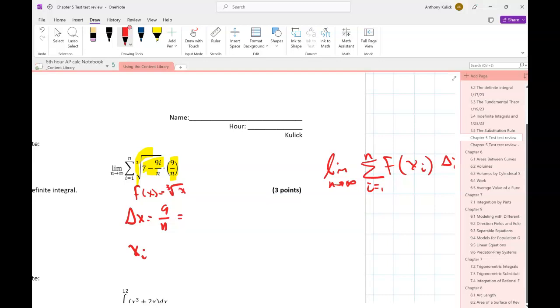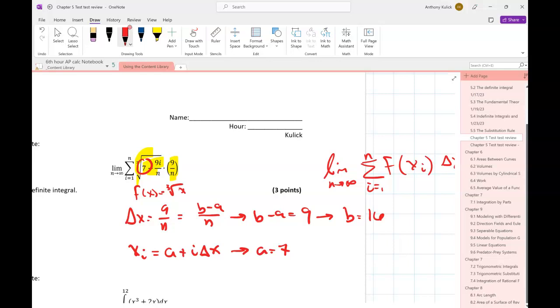So remember that delta x is (b minus a) over n. So this just tells me b minus a has to equal 9. Xi is a plus i delta x. So that tells me that a is 7. So if a is 7, b has to be 16.